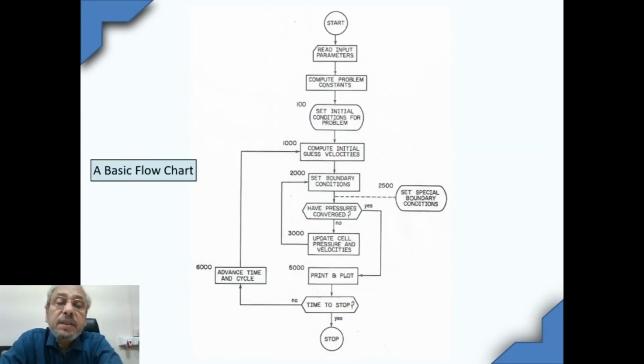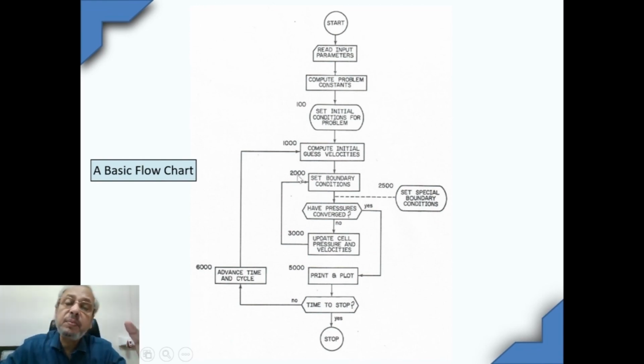Now, as you can see, I have given a basic flow chart. Start, read input parameters, compute problem constants, set initial conditions for the problem, compute initial guess velocities. At the 2000 level, these levels have been given numbers, signifying different sections of the code.